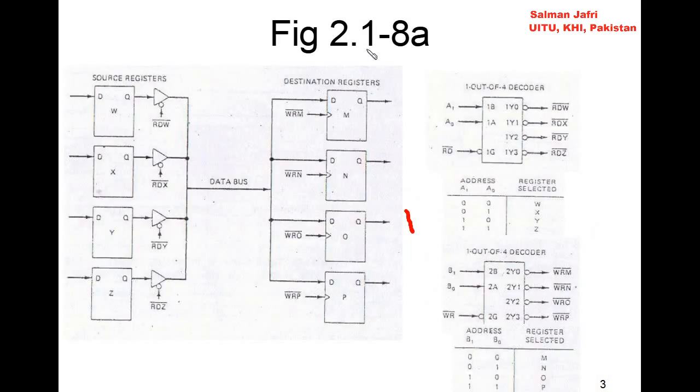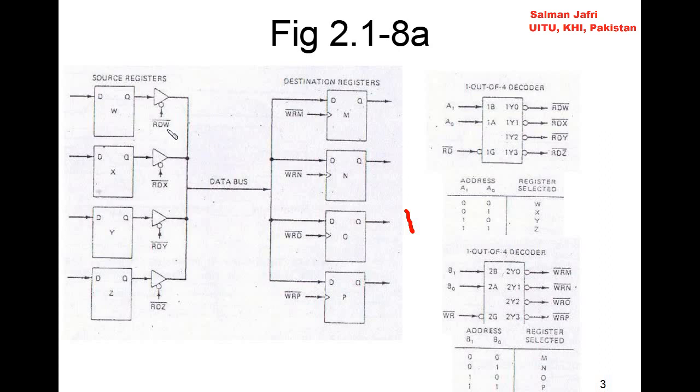So this figure 2.18a from the book by K.L. Short is an excellent diagram because it describes the low-level functioning of the microprocessor's data path, right? We have the source registers W, X, Y and Z. These are connected through four tri-state buffers, and these are the activation signals for the tri-state buffers.